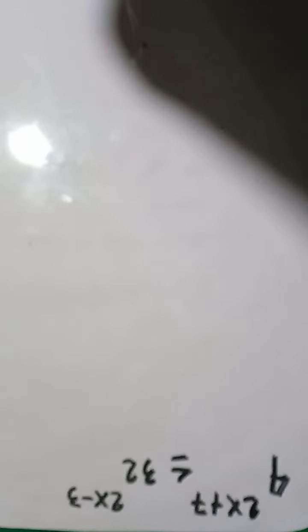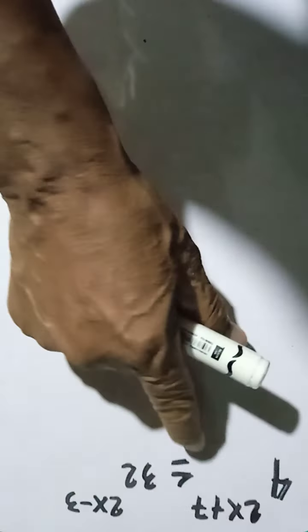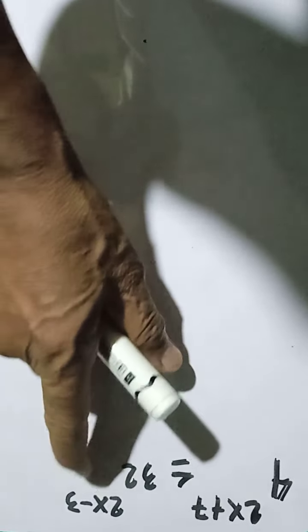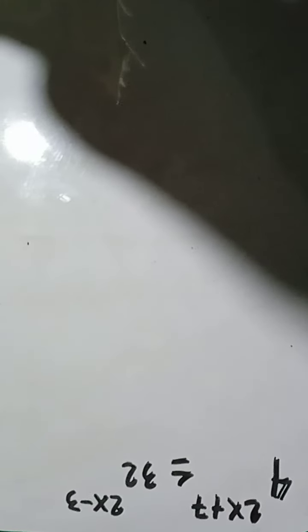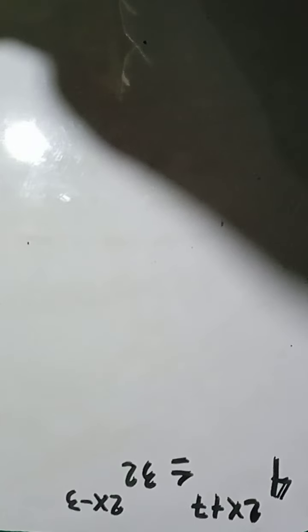And we are going to solve now the inequality 4 raised to 2x plus 7 is less than or equal to 32 raised to 2x minus 3. I gave this example in my previous video, the third example in finding the solution of exponential inequality.